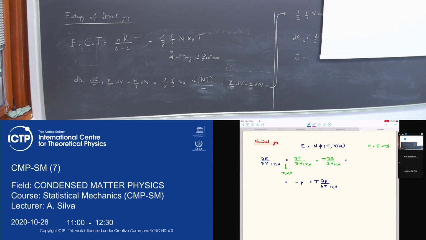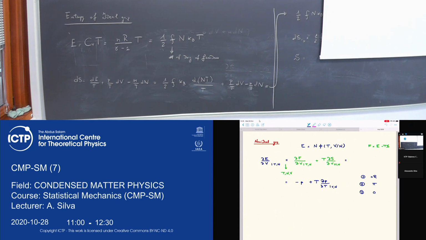It could be NR over V, which will still be PV. I'll give it three possibilities: NR, pi, 0. What is correct? 0. Yeah, you get 0.